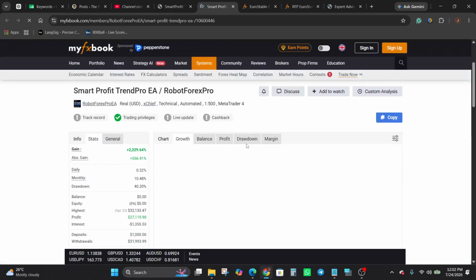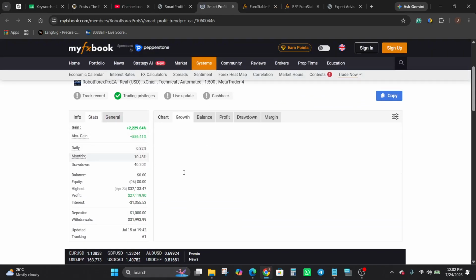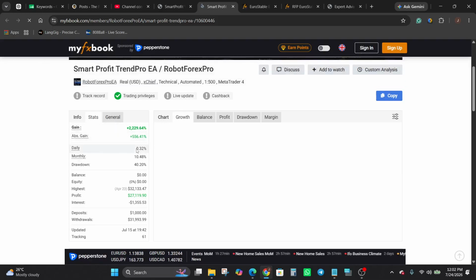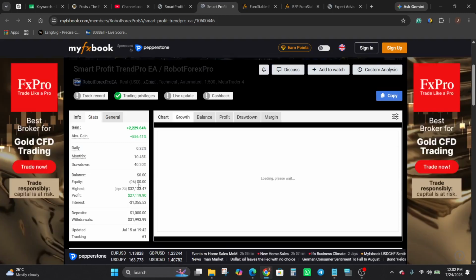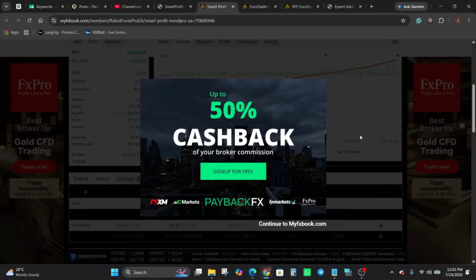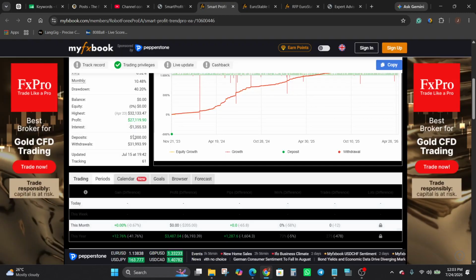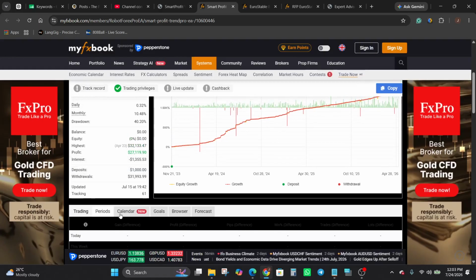Let's just quickly open the page. We can see more information here. Absolute gain is over 556%, and the deposit was $1,000, but we can see that withdrawals are already close to $32,000.